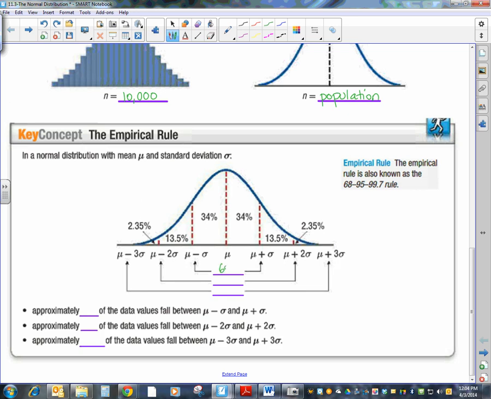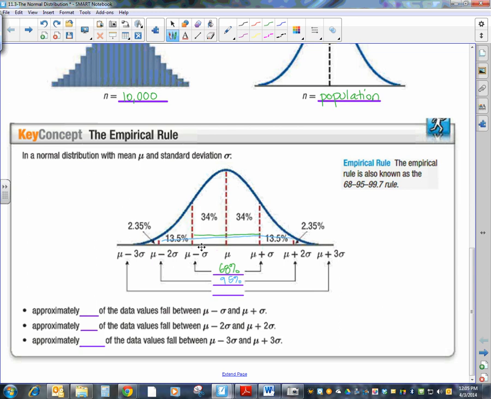So that means a total of 68% is within one standard deviation between these two lines. And then we have 95% between, if we go out another standard deviation, so that would be going out that far.